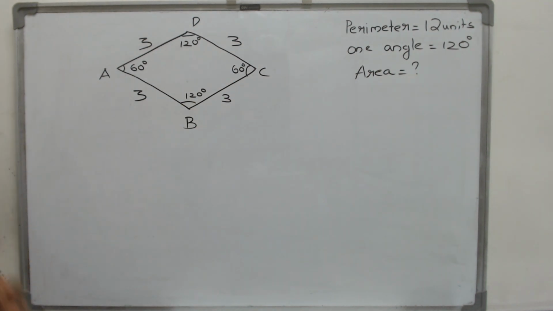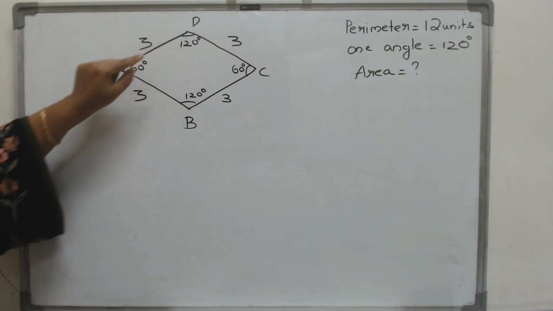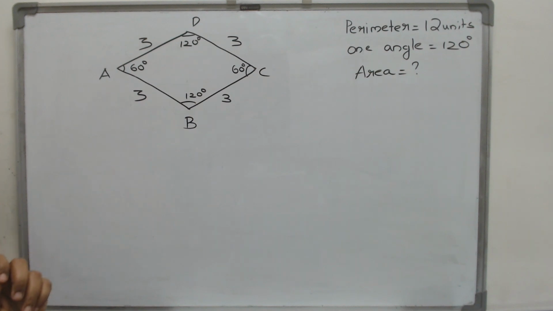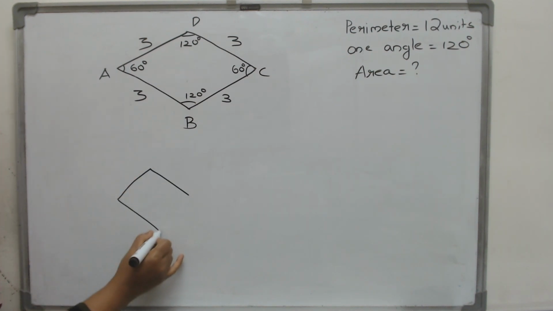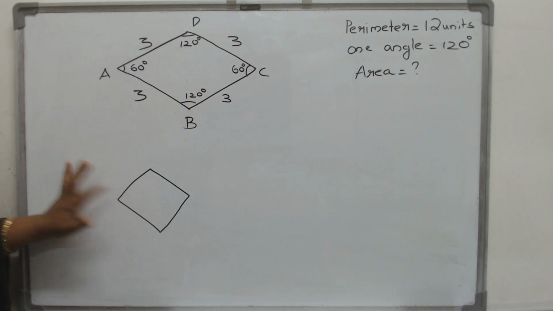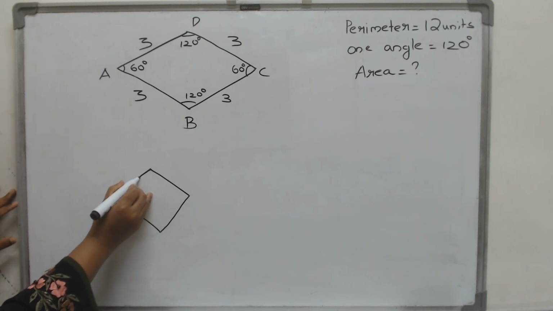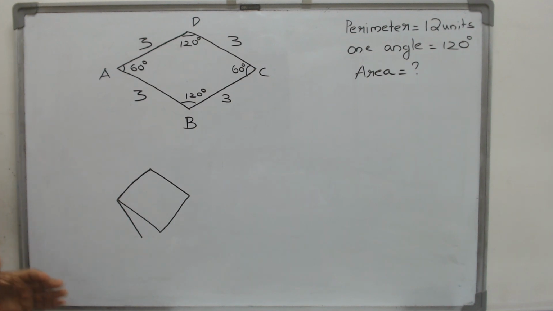Now in case you are wondering how we know that this is the angle which is 120 and this is 60, there is a very simple way you can find that out. If you have any figure and want to find what this angle is, then from one side try drawing an L. You know the English alphabet L?